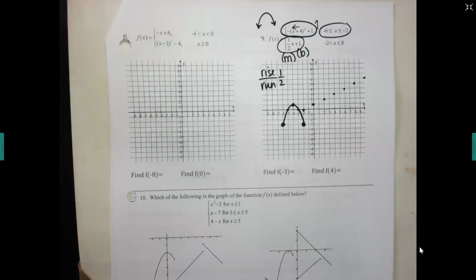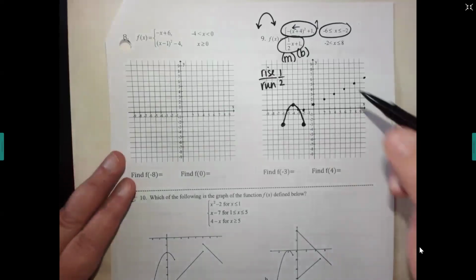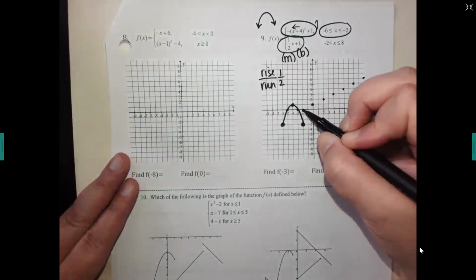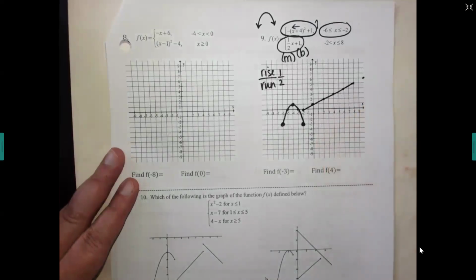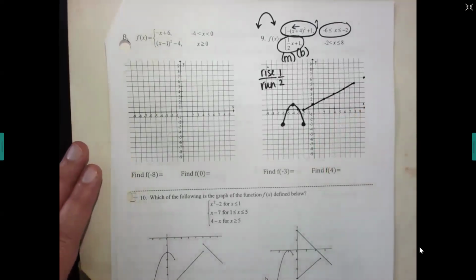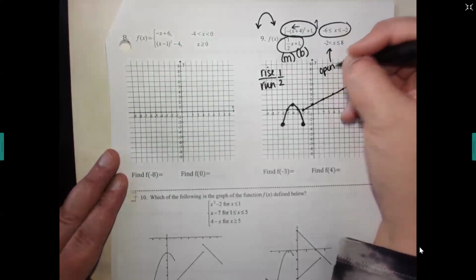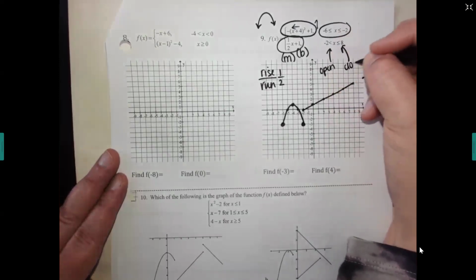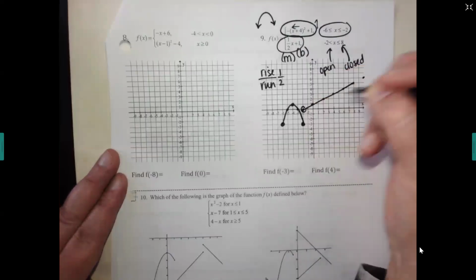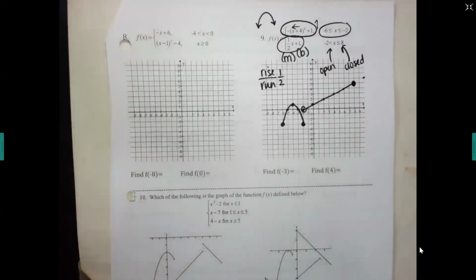Okay, then -2 needs to connect all the way through to 8. So that would be here all the way to here. Okay, then hopefully we're good with this part, but that's going to be an open circle at -2, closed circle at 8. Questions on that?